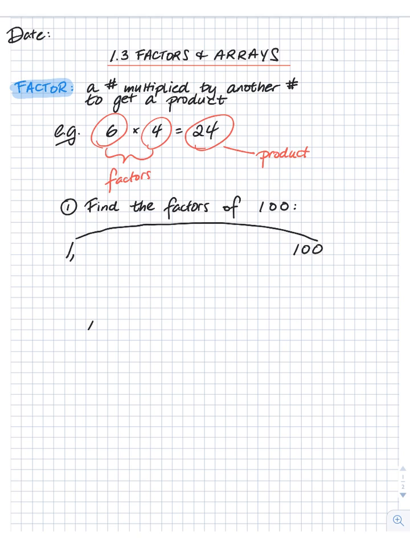Using your divisibility rules, think to yourself, now, is 100 divisible by 2? Yes, it is, because it ends in a 0. So you know that 2, and think to yourself, 2 times what equals 100? Well, I like to think of quarters, money or fractions, or percents, so 2 times 50 will give you 100.